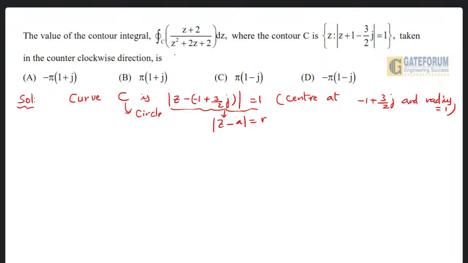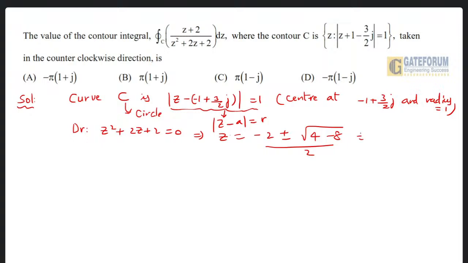This is our integrand f(z). Now the denominator: z² + 2z + 2 = 0, which is a quadratic equation whose roots are obtained by either factorization or (−b ± √(b² − 4ac))/2a. You get (−2 ± √(4 − 8))/2. 4 minus 8 is −4, root of −4 is 2i.